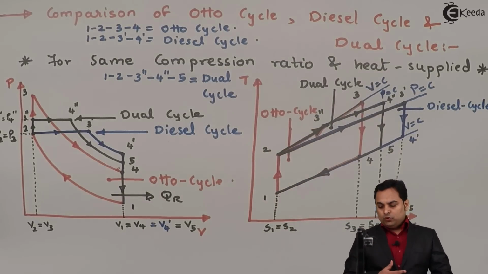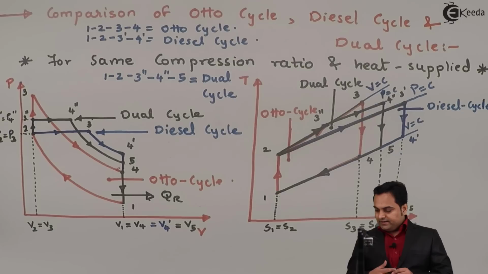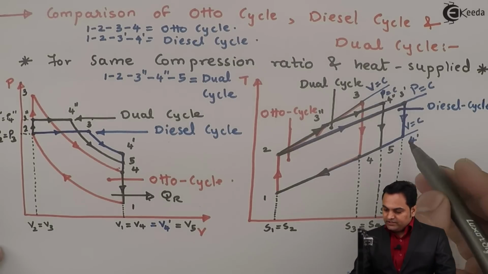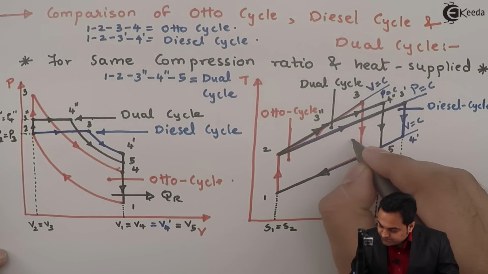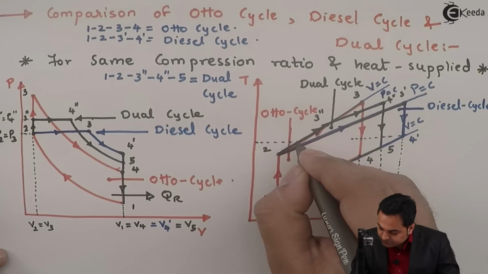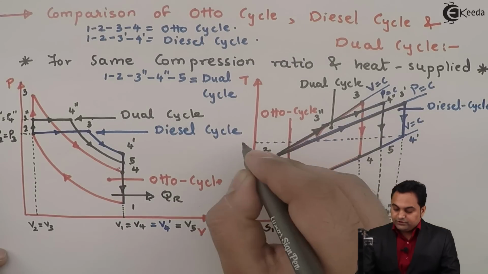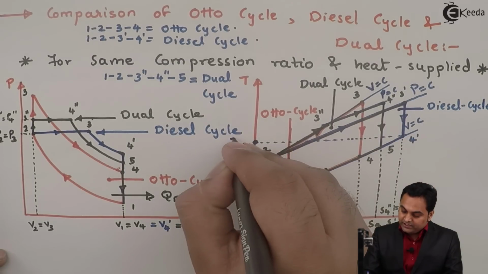So now when I am comparing these 3 cycles on the basis of heat rejection, I can see in this diagram that in case of diesel cycle, I'll project this point 4 dash onto the temperature. So this will give me a temperature of T4 dash.